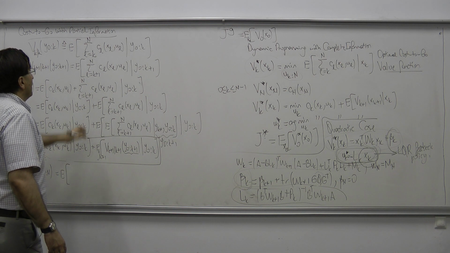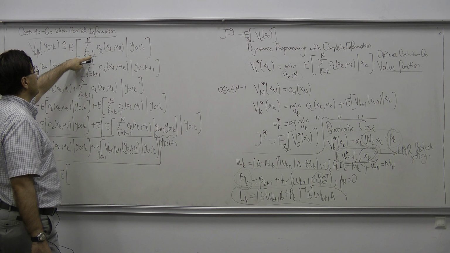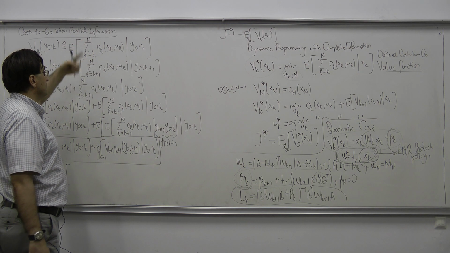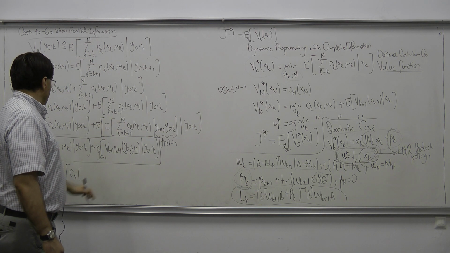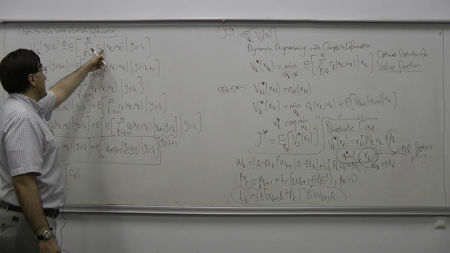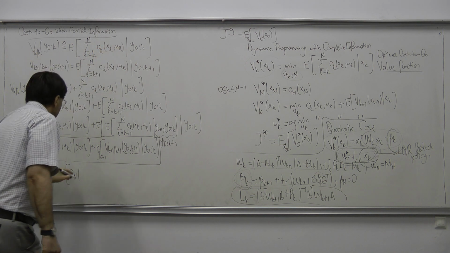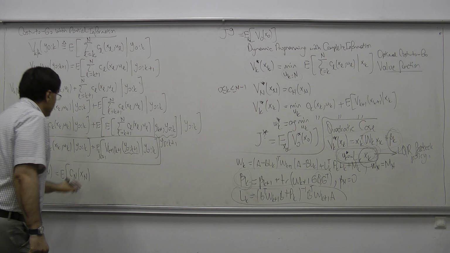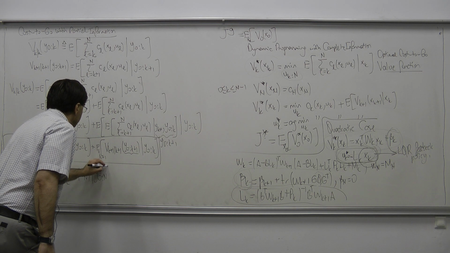Expected value of, if I substitute k equals n, the summation is from n to n, so there is only a single l, which is equal to n. That means I have here Cn. And remember, Cn, xn, un was only a function of xn. So I put this like this, Cn, xn, and I have the given condition y0n.